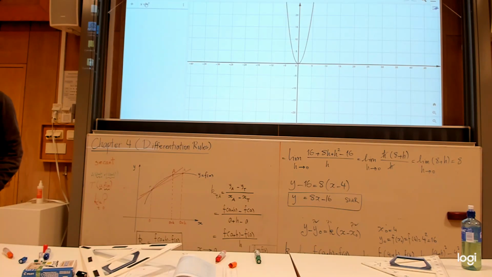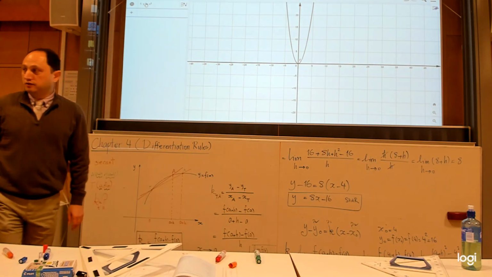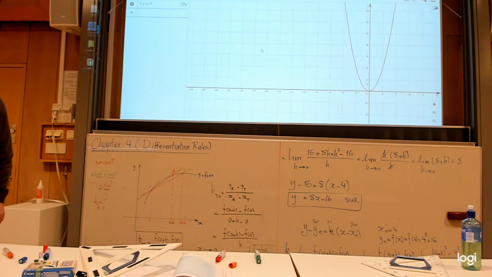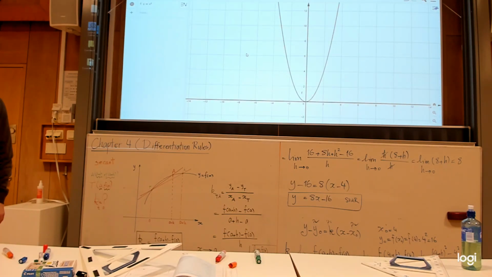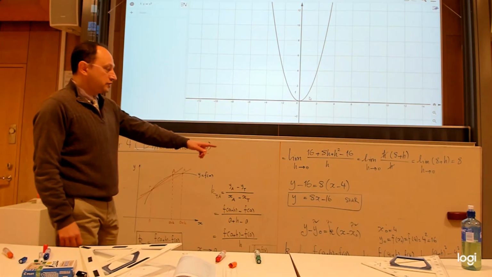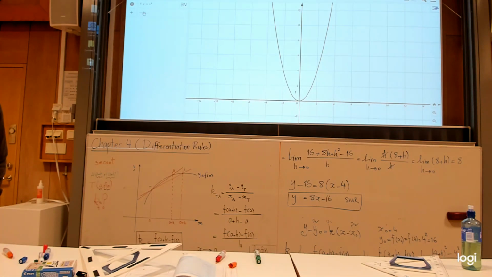And then I want a point on the graph of my function. Where was my point? It was 4 and 16, yes? So I will take a point here, A is equal to 4 and 16.